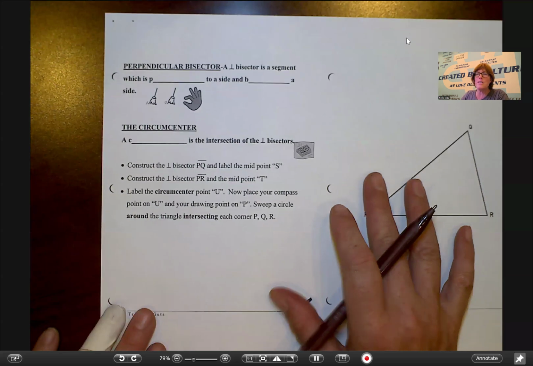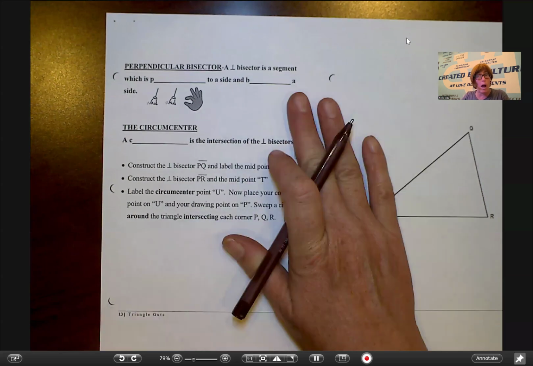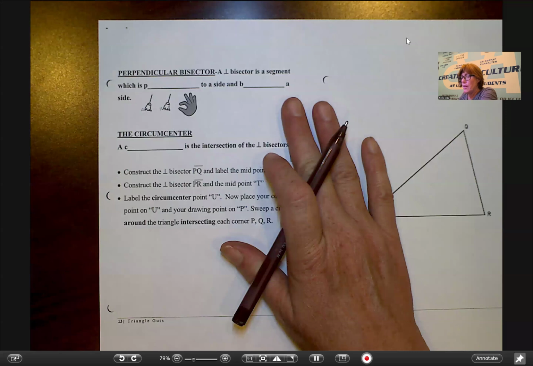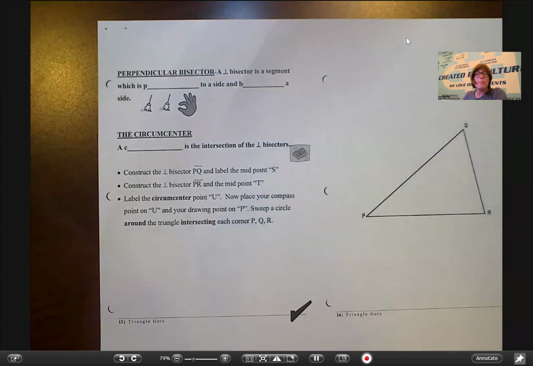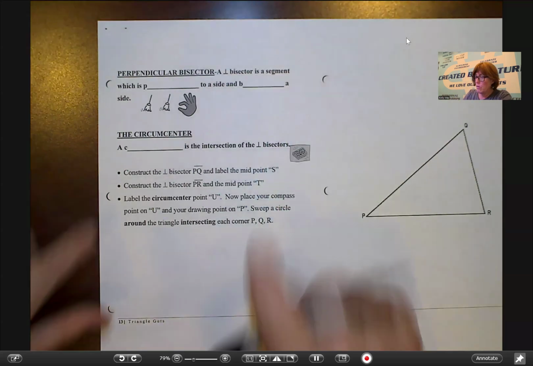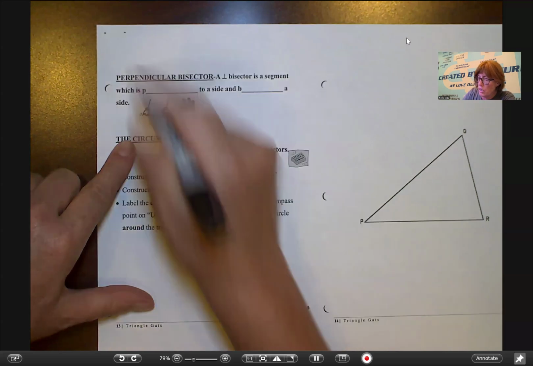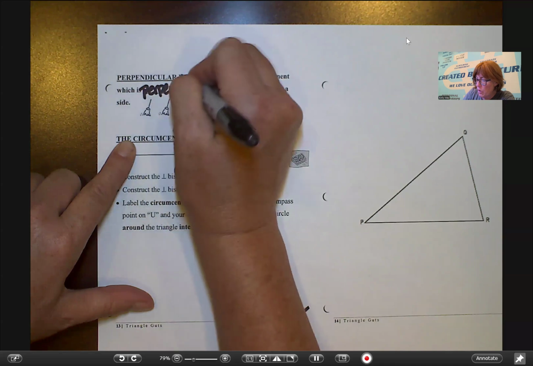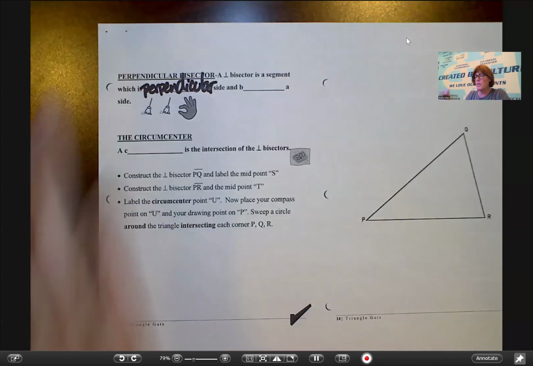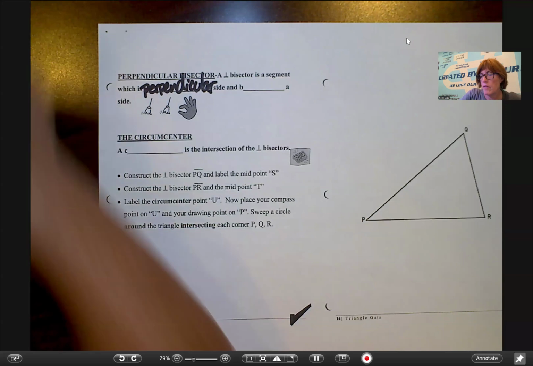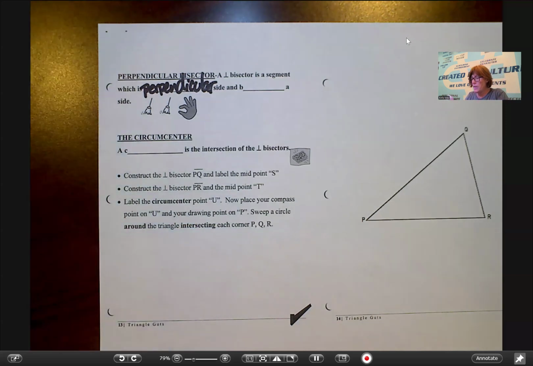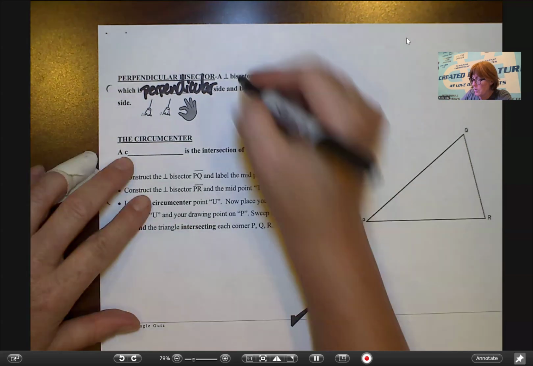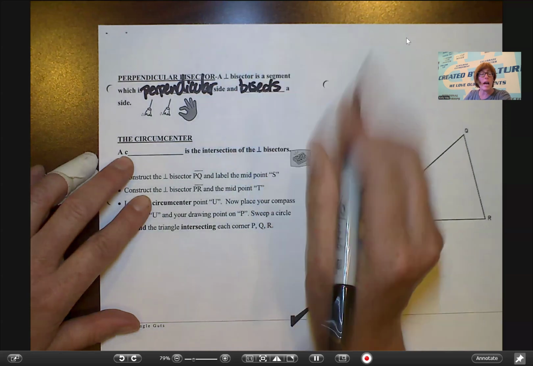All right, this is my personal favorite. You'll see why in just a moment. A perpendicular bisector is a segment which is perpendicular to a side and bisects a side.